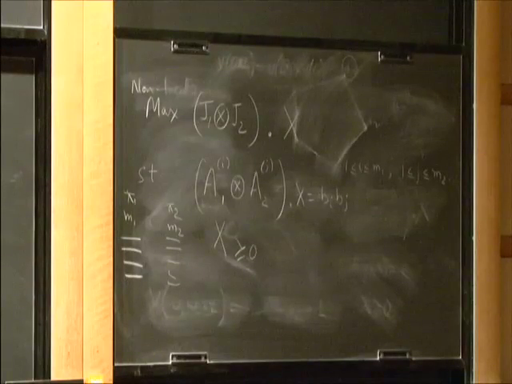Now the constraint is that when you have an edge in one graph and an edge in the other graph, then both of them cannot be chosen. So the new vertices will be, let's call them, (a1, b1) and (a2, b2).